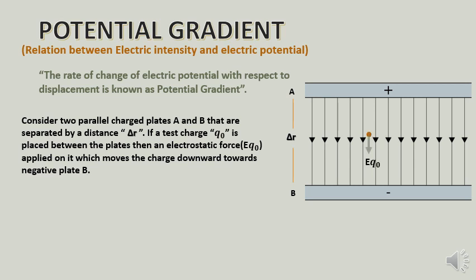Here we insert a test charge Q naught, and on this test charge an electrostatic force is applied as a repulsive force, because the test charge has a positive polarity, and the positive plate means plate A. Plate A applies a force on that charge and moves this charge towards plate B.